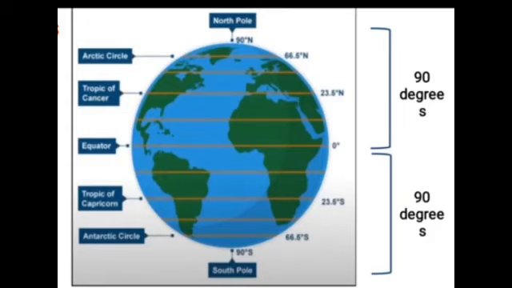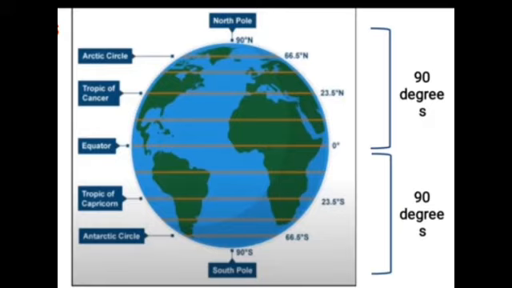Okay, latitudes. Children, here what do you see? Yes, latitudes. The important latitudes of the earth you can also see here. See, the 0 degree latitude is called the equator, 23.5 degree north latitude is called the Tropic of Cancer, and 66.5 degree north latitude is called the Arctic Circle.